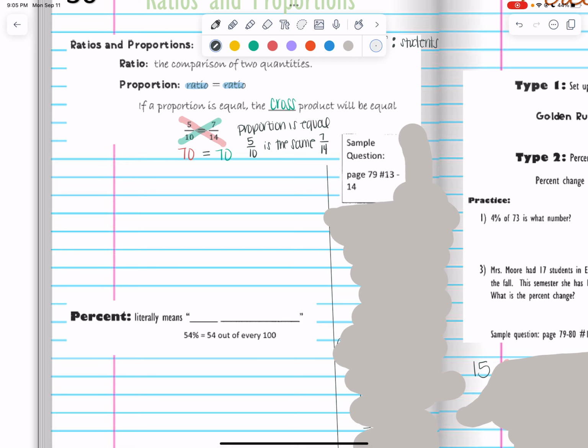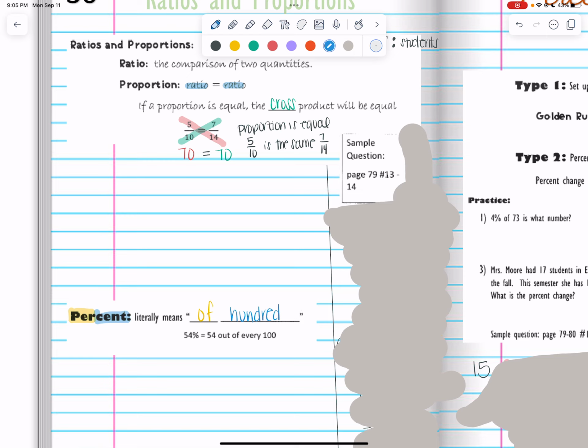Before we introduce that, though, we need this term percent. So percent literally means per 100. So per means of, and cent means 100. So the word percent literally means of 100.